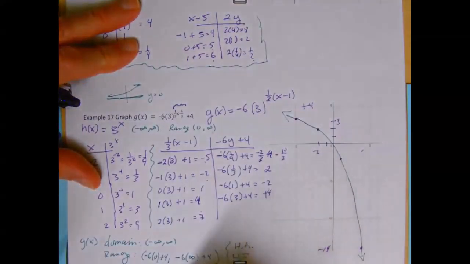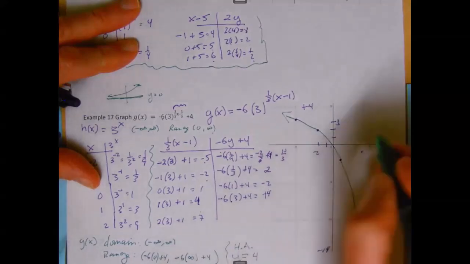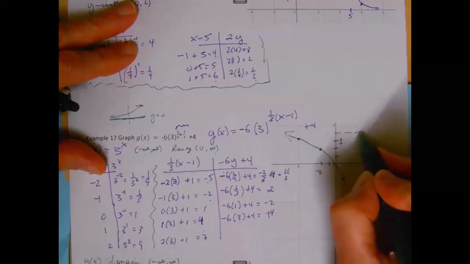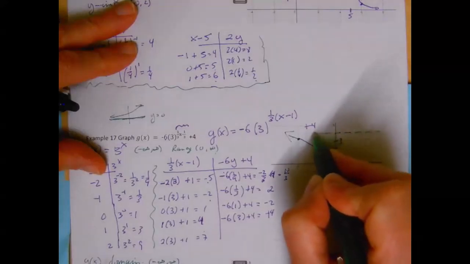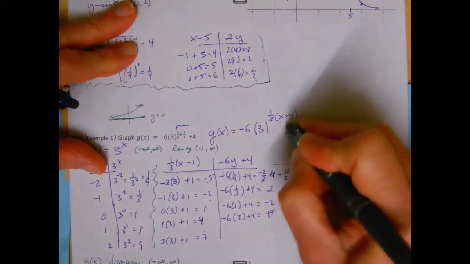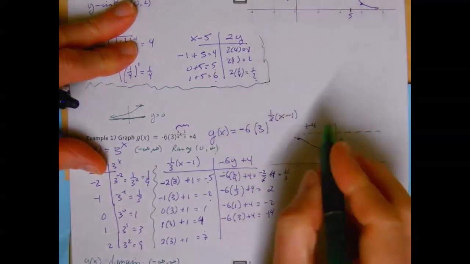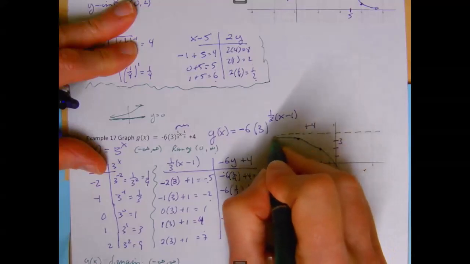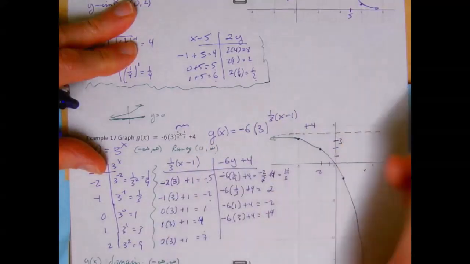So now the horizontal asymptote is at 4. So if I were to graph here, there is a horizontal asymptote right there. So in fact, I didn't draw this very well, because the arrow's not going that way. And this is curving a lot more than I made it sound like.